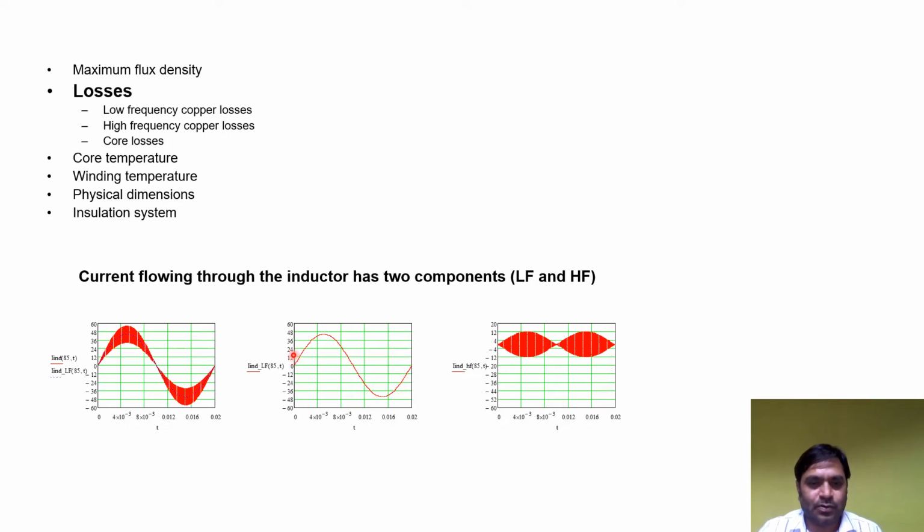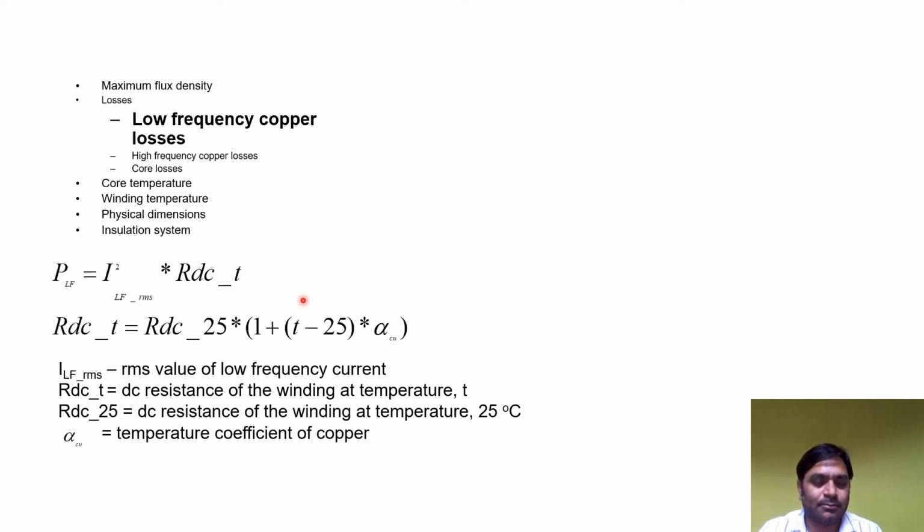First we need to find out the different values of the current at low frequency and at high frequency, and then multiply that current by our DC resistance and our AC resistance, and we will get those losses. So how do we calculate the low frequency copper losses? Low frequency losses are equal to I squared LF, where I LF is the RMS low frequency current, times RDC at a particular temperature.